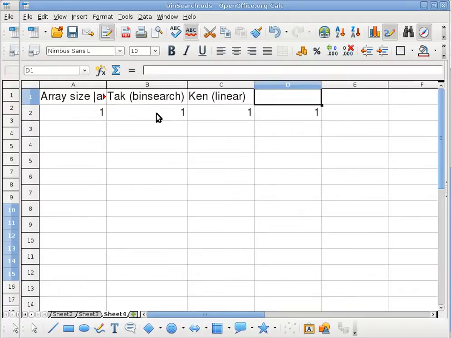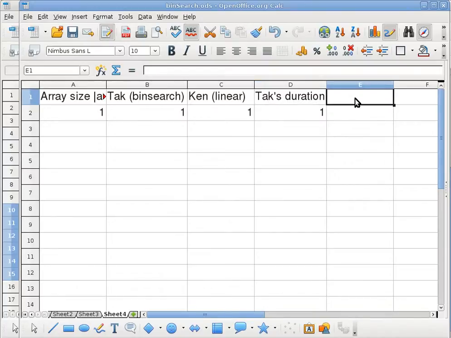Now, since this is Tex's program, it needs this much time, Tex's duration. In other words, my program will need 1 unit of time to confirm one way or another whether that's what I want. Can's program is a whole lot faster than mine because he has a super duper processor that can do things a lot faster than mine.